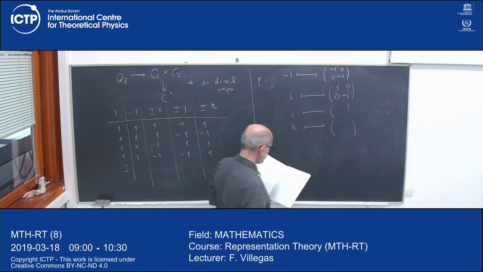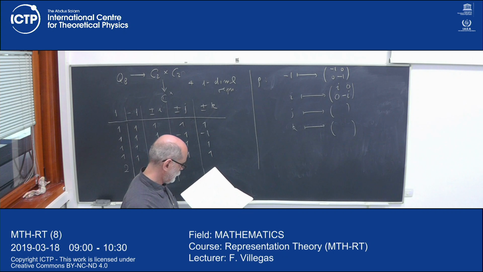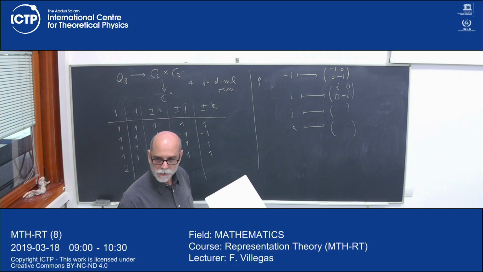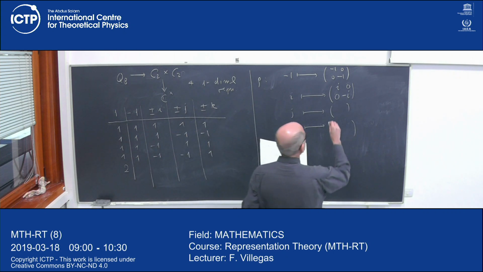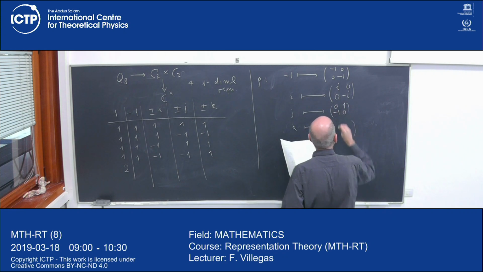J, on the other hand, goes to where? A is 0, and B is 1. So minus 1, 0.